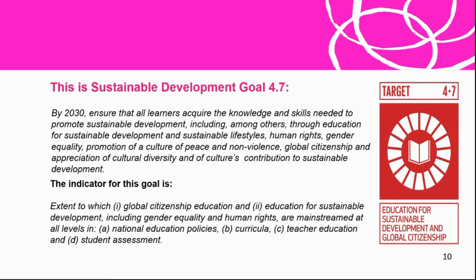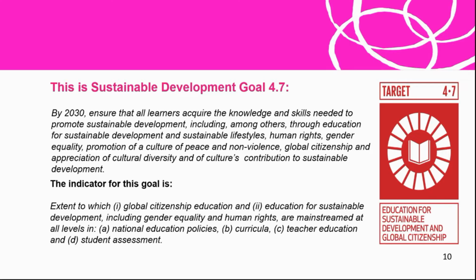And the indicator for this goal is the extent to which global citizenship education and education for sustainable development, including gender equality and human rights, are mainstreamed at all levels in national education policies, the curricula, teacher education, and student assessment.